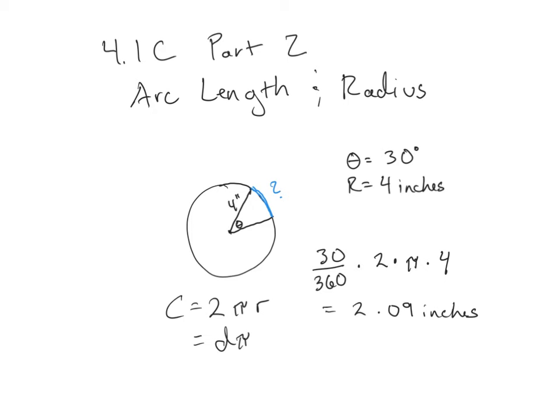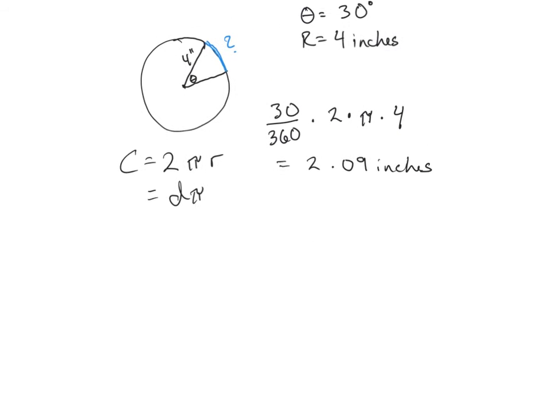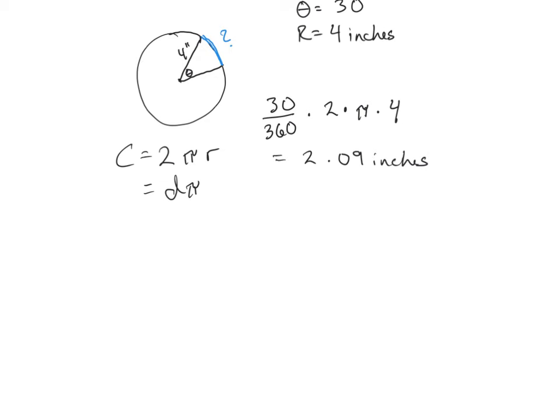So we can do some other examples with this. What if we are now given the radius? The radius is not the best circle, but the radius is 15, we'll say 15 feet.